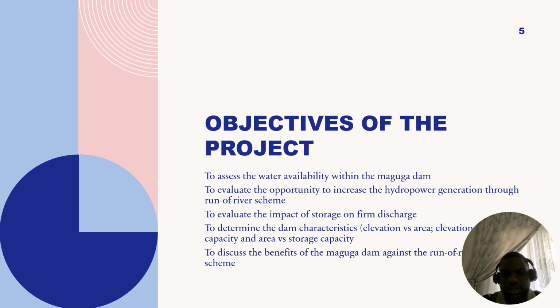Also, to determine the dam characteristics: elevation versus area, elevation versus storage capacity, and area versus storage capacity. And lastly, to discuss the benefit of the Maguga Dam against run-of-river dams.